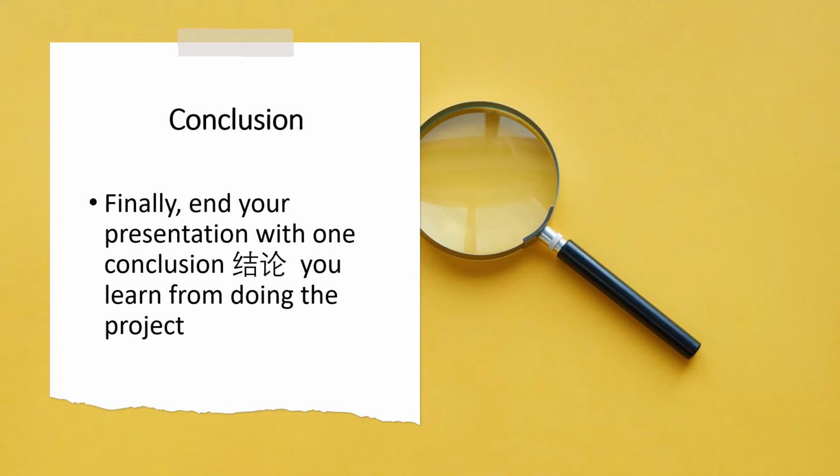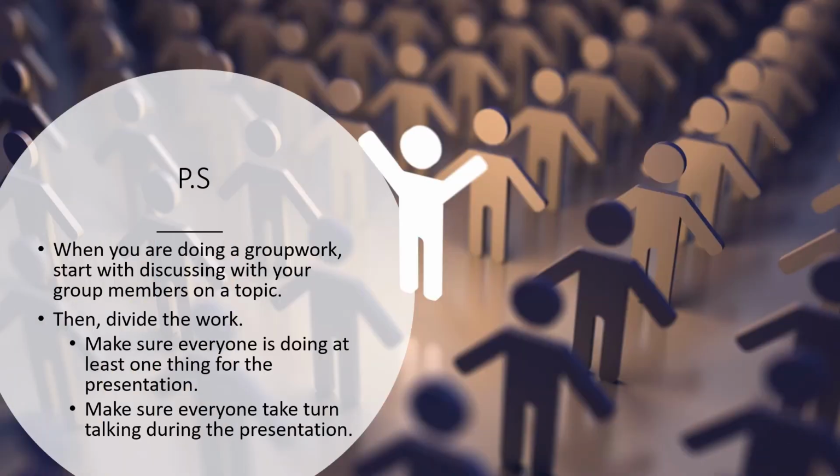Okay, PS. When you're doing group work, start with discussing your topic with your group members. Then divide the work. Make sure that everyone has at least one thing to say for the presentation. They will do at least one part.